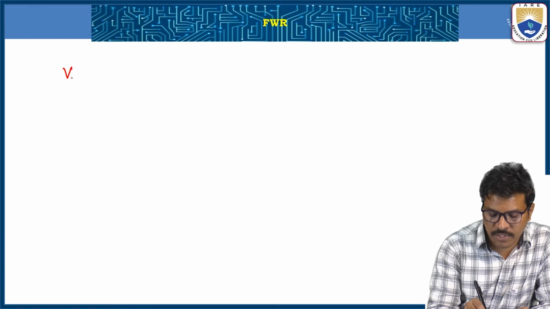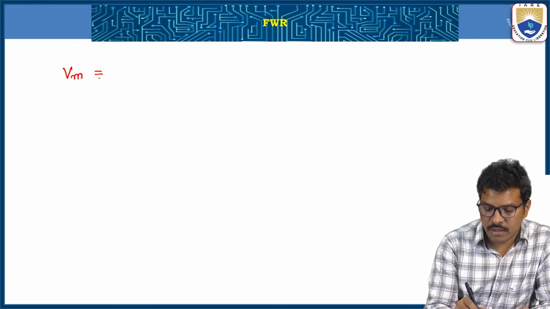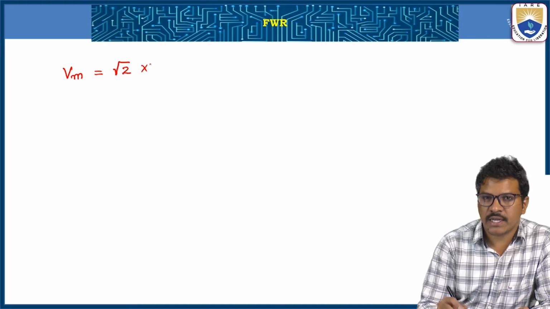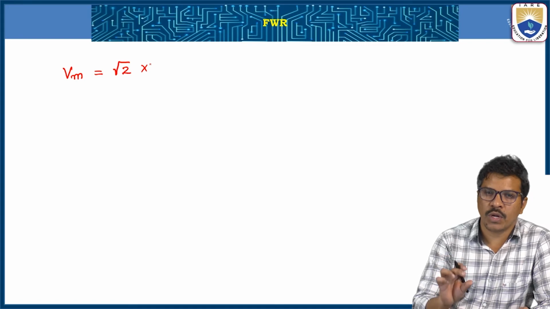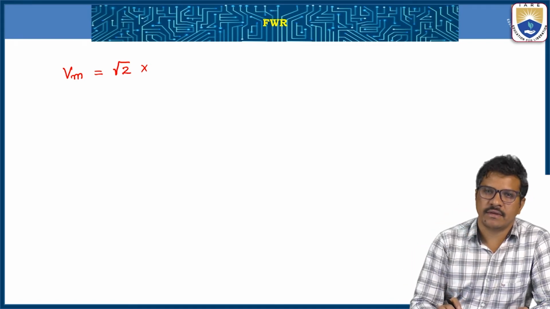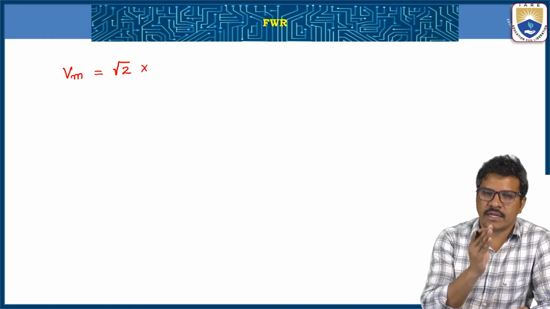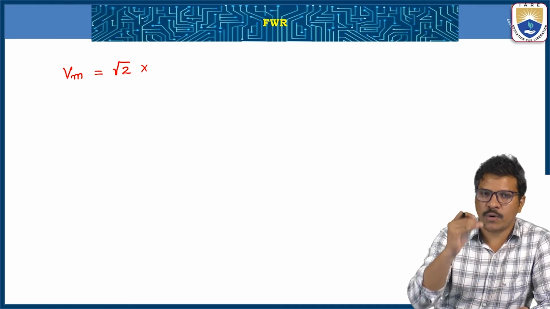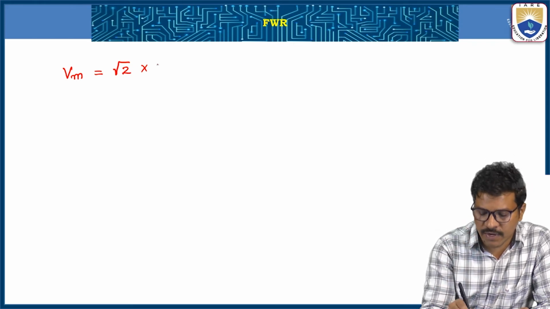Vm is equal to root 2 into the secondary coil voltage. Here it is a center tap transformer, so root 2 into one half of the secondary coil voltage, not the complete secondary coil. The secondary voltage is divided into 2, and that voltage is given here.